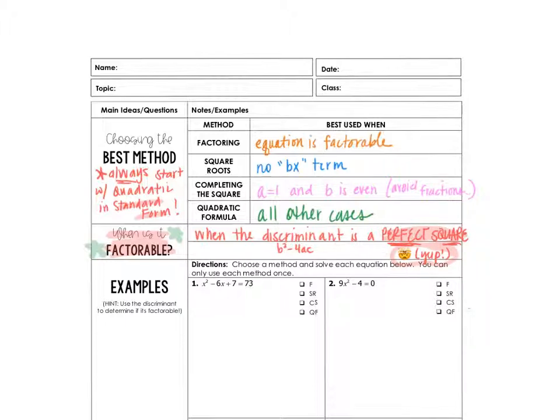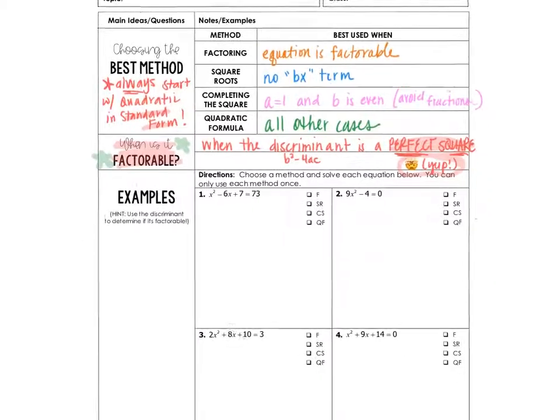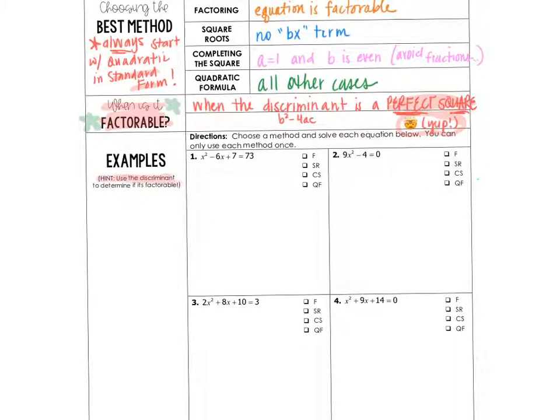So if you weren't sure with guess and check whether or not the quadratic was factorable, do a real quick b squared minus 4ac, either with pencil and paper or with a calculator, and if it comes out to be like a 25 or a 49 or whatever, if the discriminant is a perfect square, then that quadratic is factorable. So that's just a hint. Some people can tell just by looking that a quadratic is factorable, some people can't. If you can't quickly tell, this is a quick check if you know that hint.